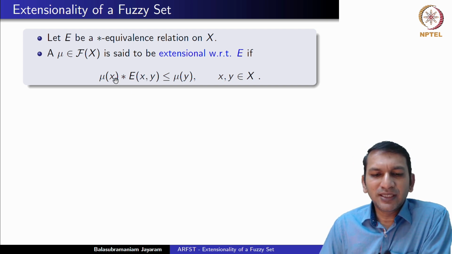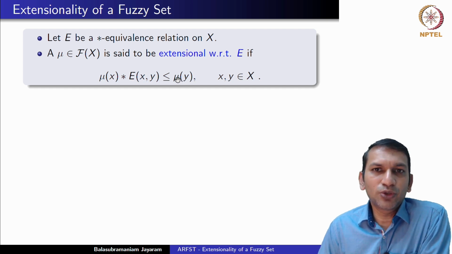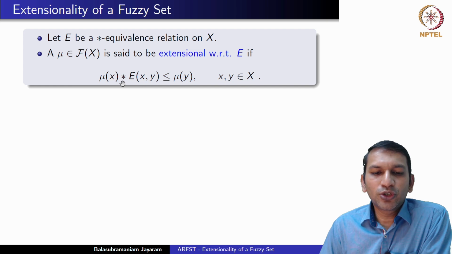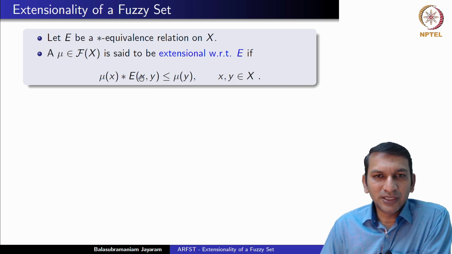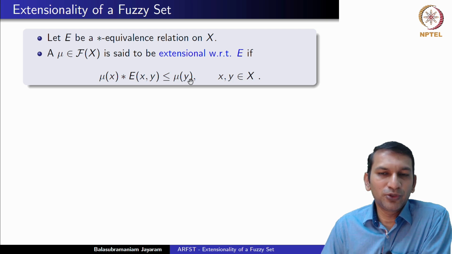So now all it says is, if x and y are indistinguishable, then what should be the membership value of y in this fuzzy set, in this concept mu? It says it should be at least as much as x. And clearly, because of the symmetry of E, we could also write it as mu of y star E of y comma x less than or equal to mu of x.